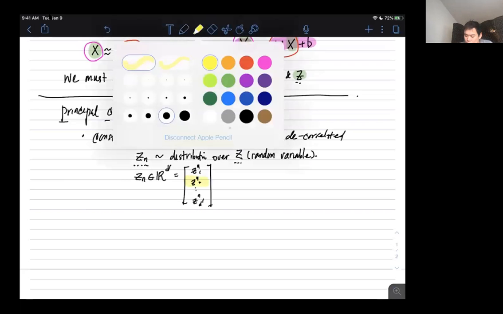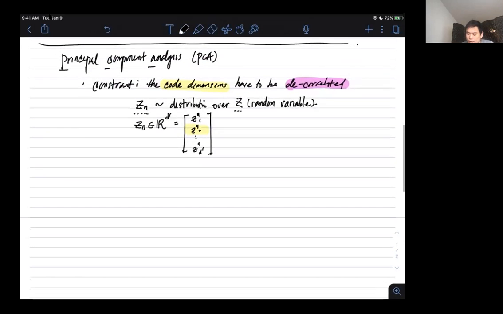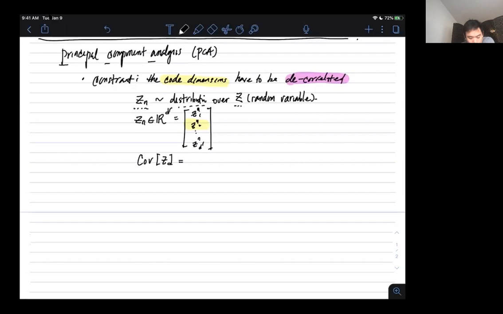Now we need to think about what we mean by decorrelated. Decorrelation has a very specific meaning for a multivariate random variable. If we look at the covariance of this Z random variable under whatever distribution we decided to look at, then decorrelation corresponds to this covariance matrix being a diagonal matrix.